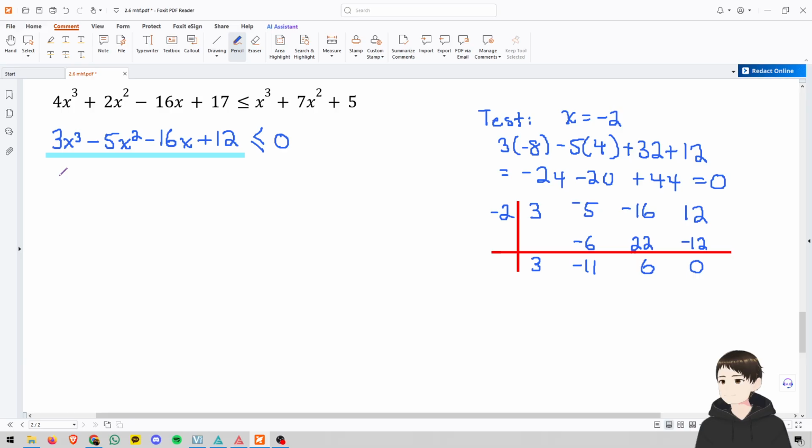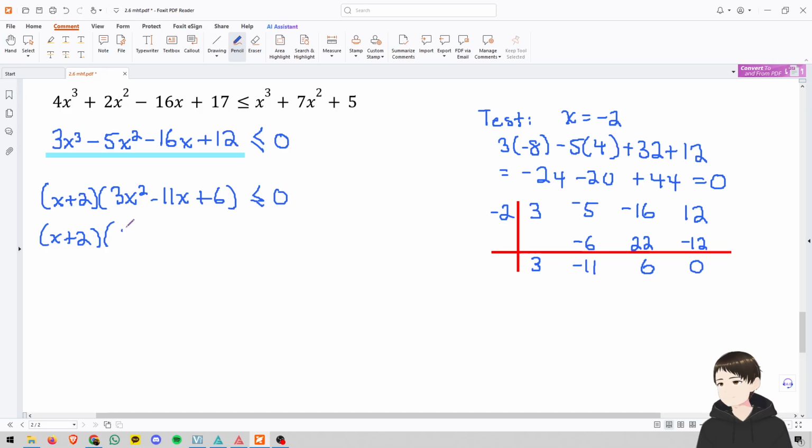Once again, rational zero did not fail me. So now we have x plus 2 left with 3x squared minus 11x plus 6 is less than or equal to a 0. So x plus 2, that must be 3x, and that must be an x.